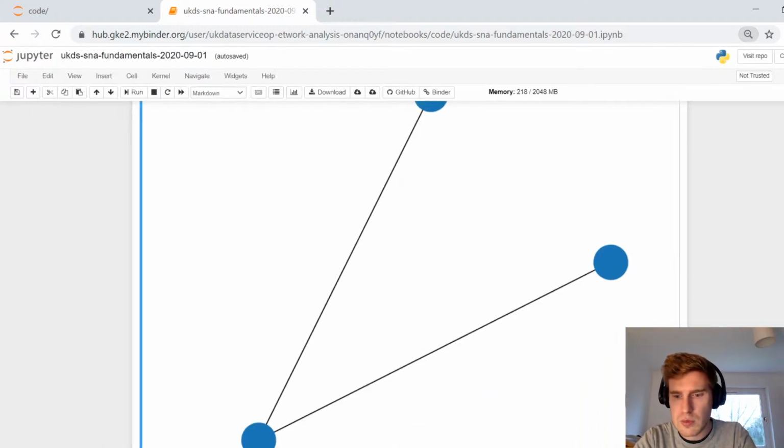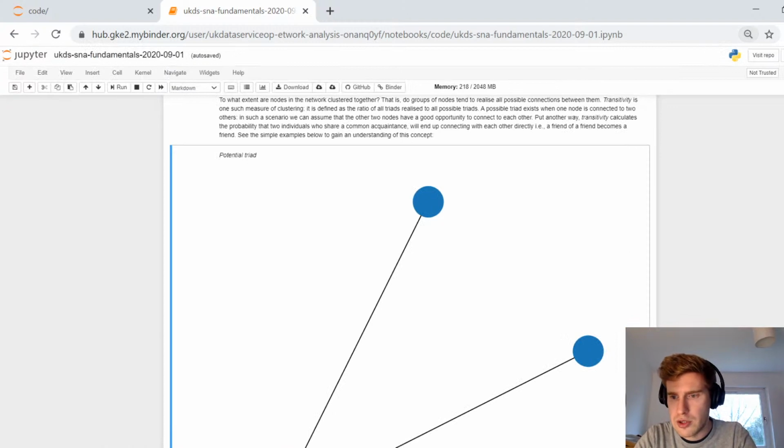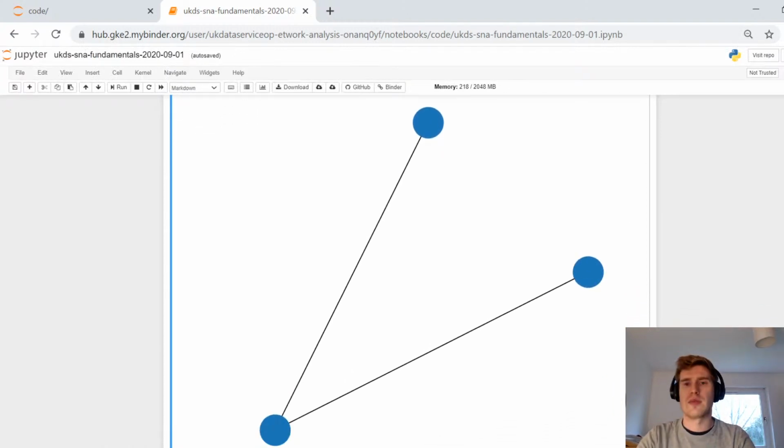Let's make this a bit more legible. Excellent. So this is an example of a possible triad. You can see we have a group of 3 charities in our network. 2 of them are connected, let's say Charity A and Charity B, and Charity A and Charity C. The clustering measure we're going to calculate is the probability of these 2 organisations forming a connection.